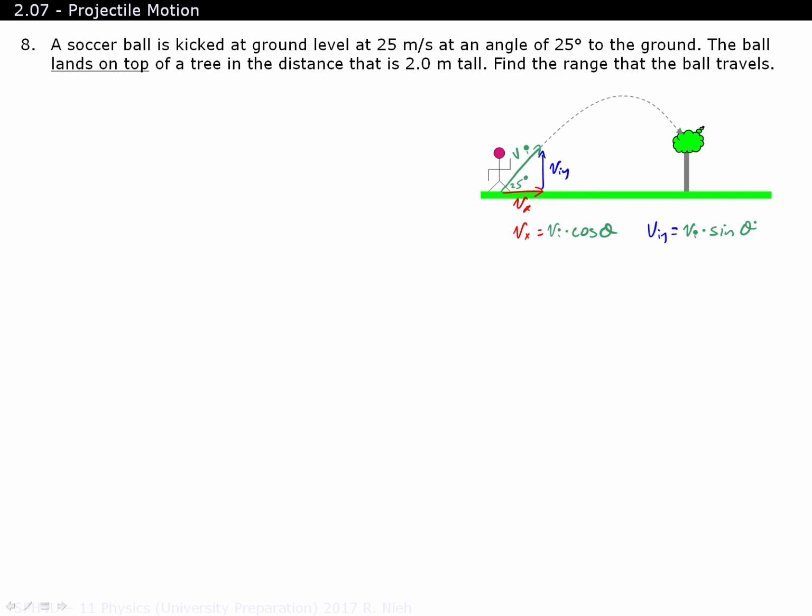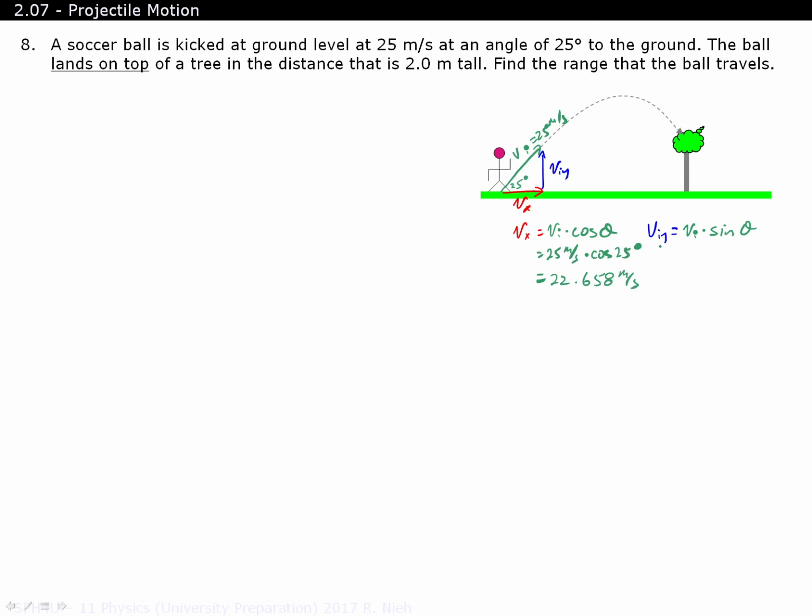Of course, we don't know what the value of Vi is yet. That's what we're trying to look for. Is it? No, we do know it. All right, so let's just go through those calculations first. Vi is equal to 25 meters per second. So 25 meters per second times the cosine of 25 degrees will give us 22.658 meters per second.